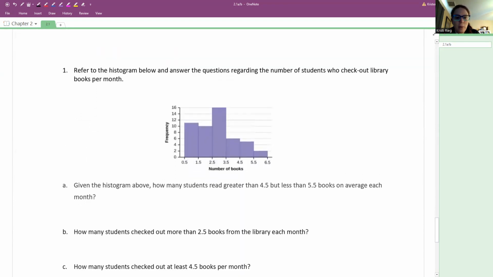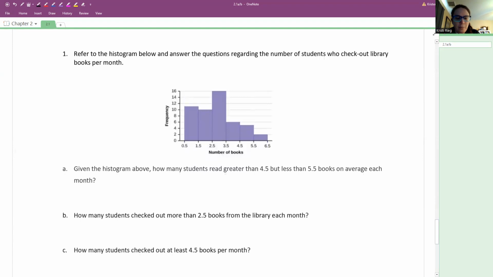Okay, so here's one that's already done for us. And I want to point out something with the axes here. Sometimes if I drew a histogram and said 0, 1, 2, 3, it can get confusing on where 1 goes. People are like, wait, is 1 over here or is 1 over here?